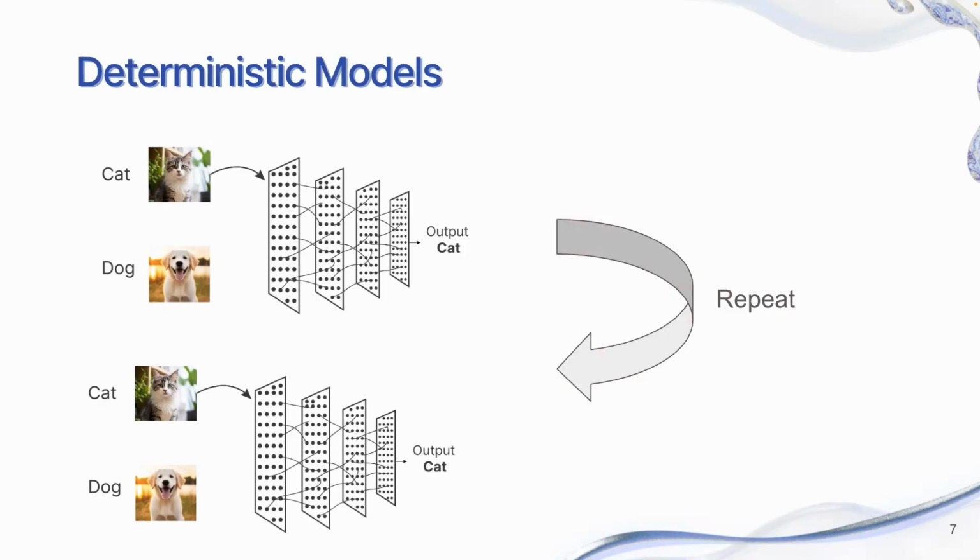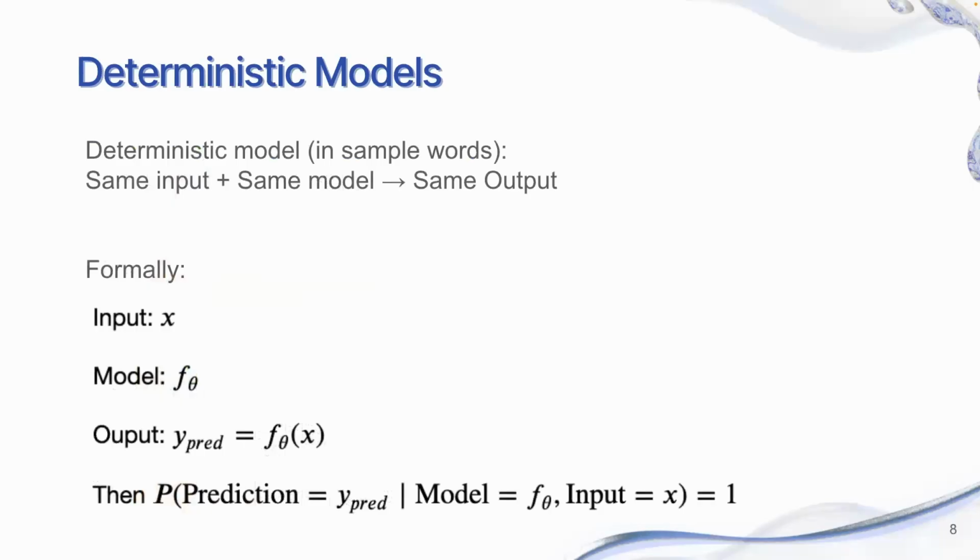So what is a deterministic model? Let's say I have some model, and I give it an image of a cat, and it tells me it's a cat with, let's say, 90% probability. If you give the same model the same image again, it will give you the same result, so it will again predict 90% cat. In simple terms, a deterministic model means that with the same input and the same model, it will always give you the same output.